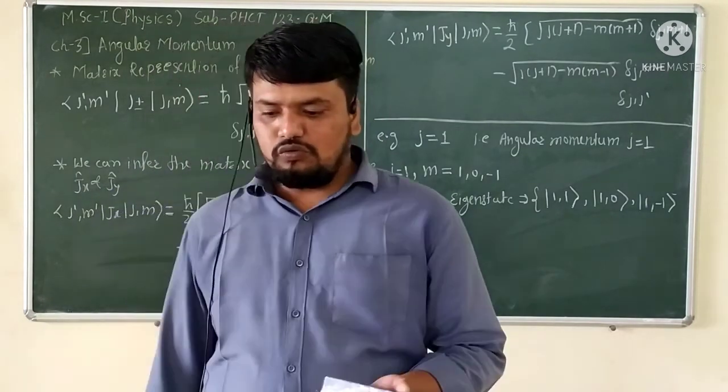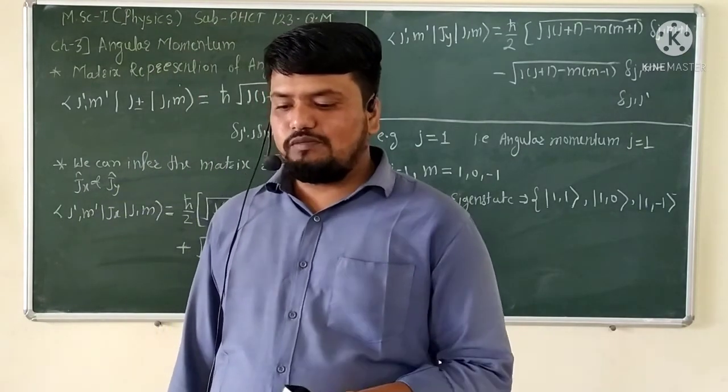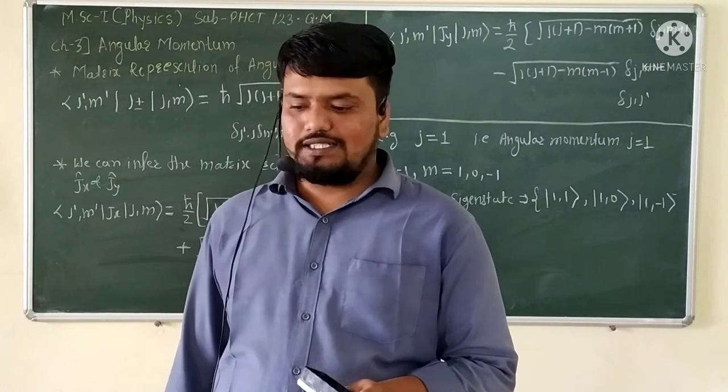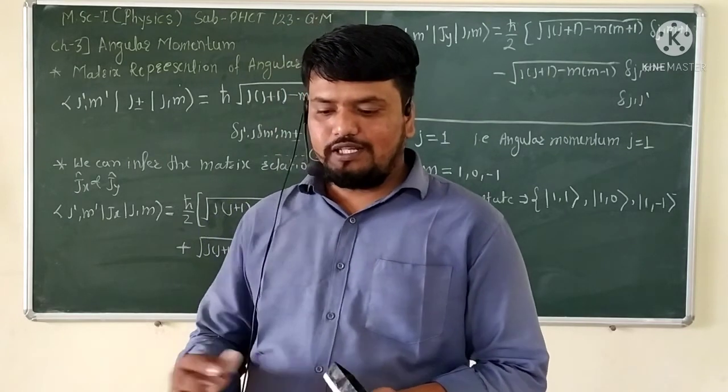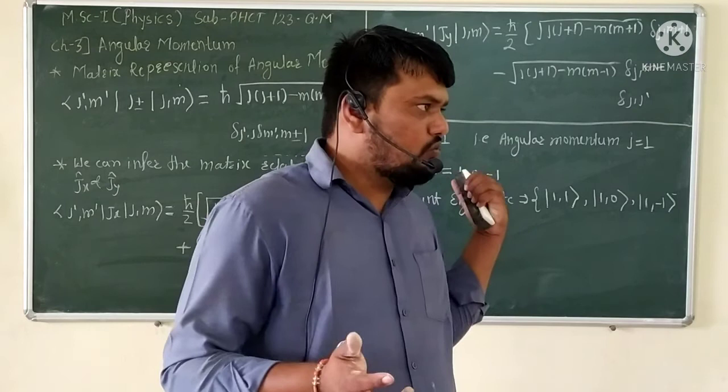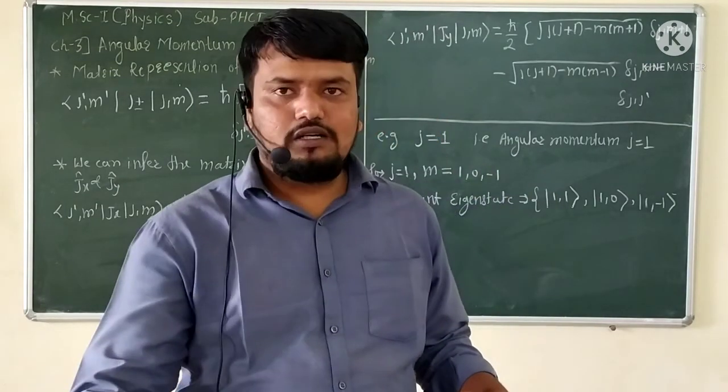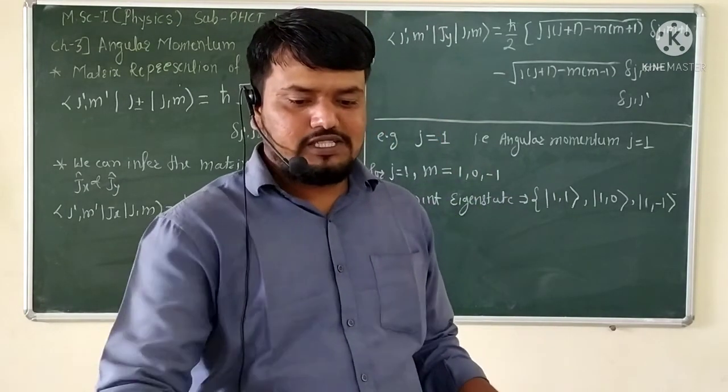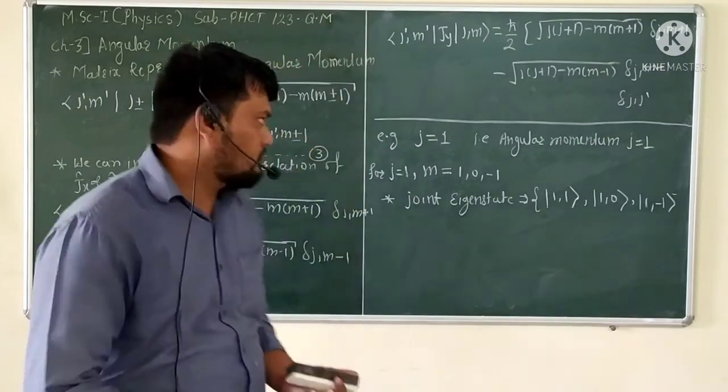So we want to see the matrix representation of the operators j square and jz, which can be inferred from equations 1 and 2. So first we want to calculate the matrix representation of j square.